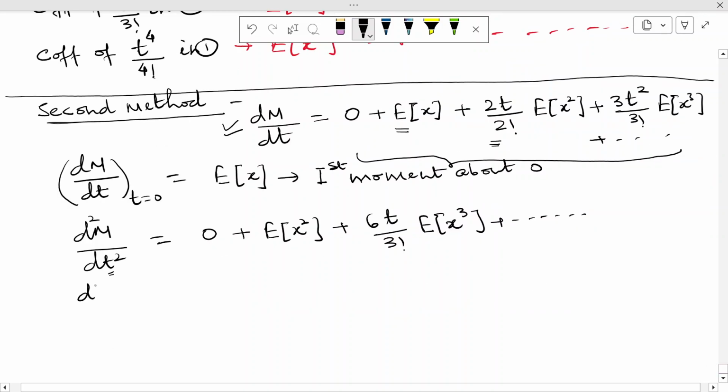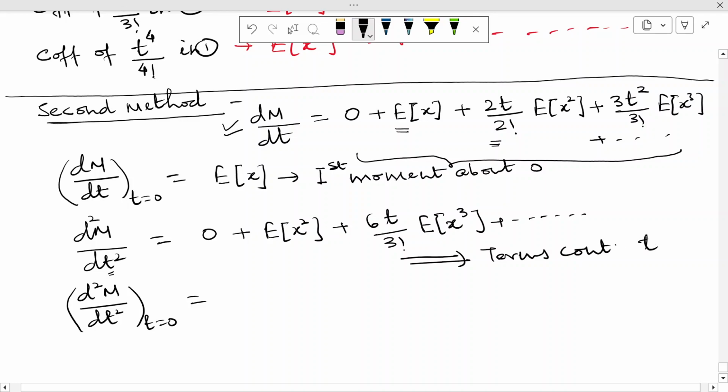Now if you find the value of this second order derivative at t equals 0, you can see that from here onwards we have terms containing t.